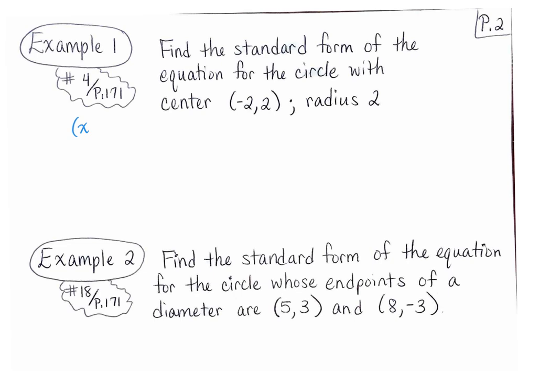Which one? X minus h squared, equals r squared. Tell me what we know. We know the center and radius. Tell me what's what? H is -2. What else we know?